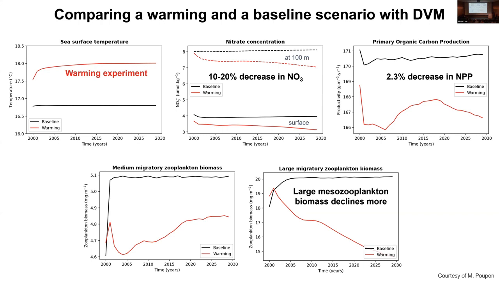So even though you're seeing this like 5 milligrams of carbon per meter squared decline, this is a large decline compared to the medium migratory biomass.